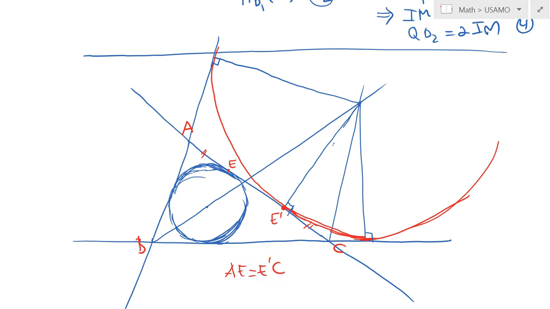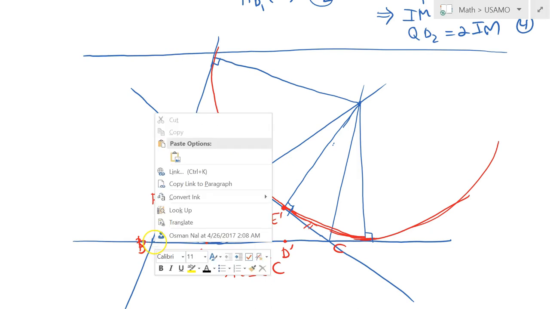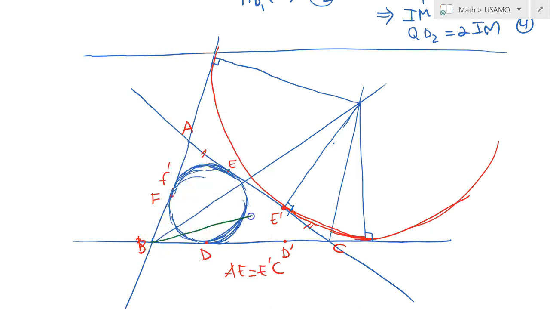In a similar way, you can construct, if you call this one B, so BD, on this side you have D prime here, and similarly if this is an F, you have an F prime probably very close to F. So the claim is the following: the Nagel point is the intersection of these three lines, which are concurrent.